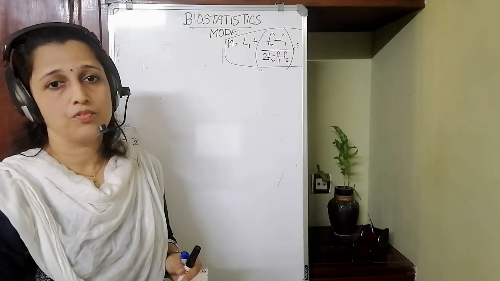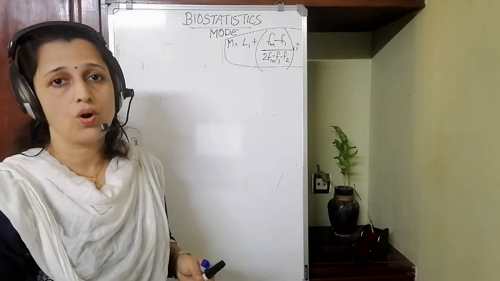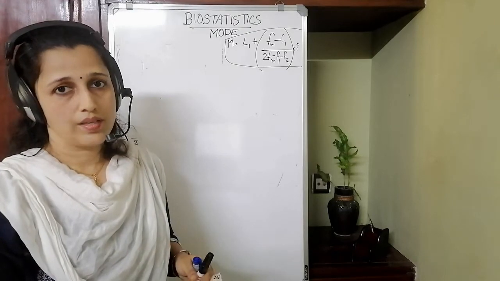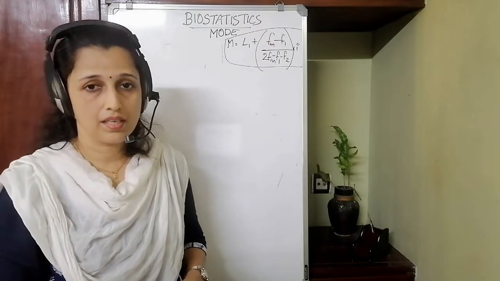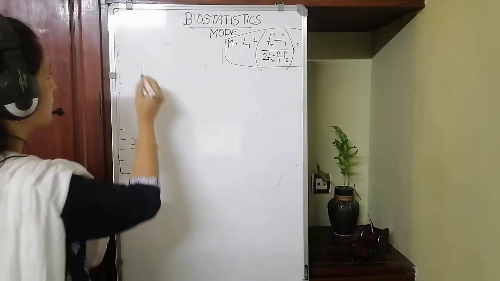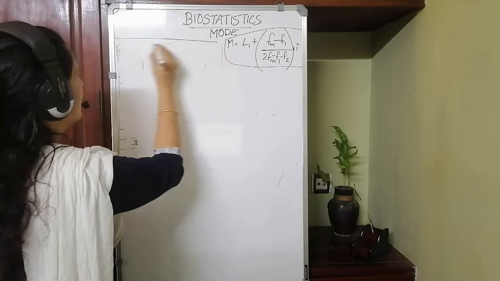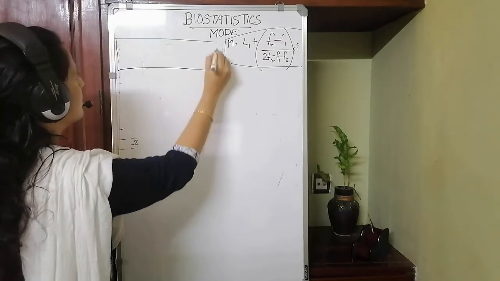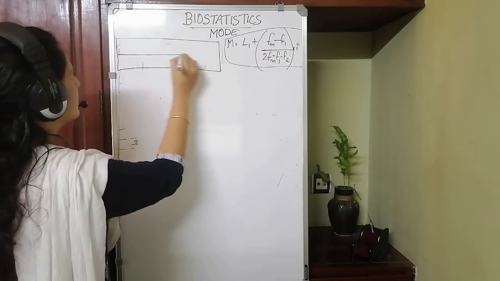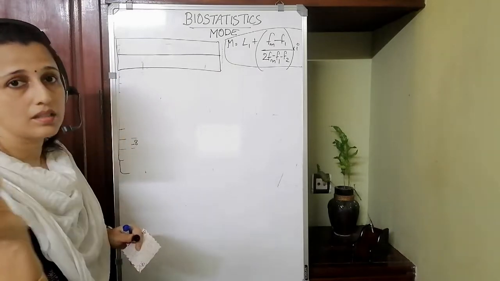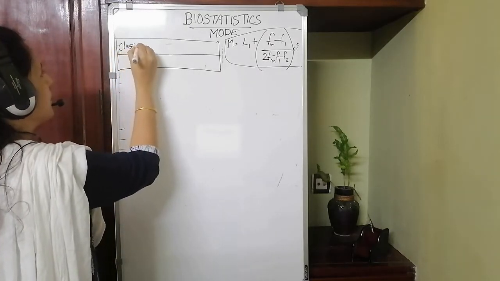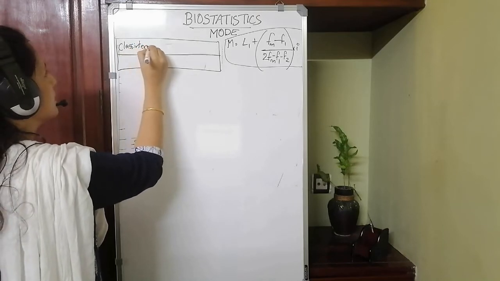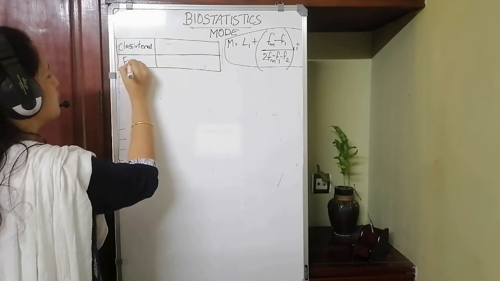That is the first step we have to do to solve a question with the equation. So with the data given here, we can make a small frequency table with the class interval and frequency.